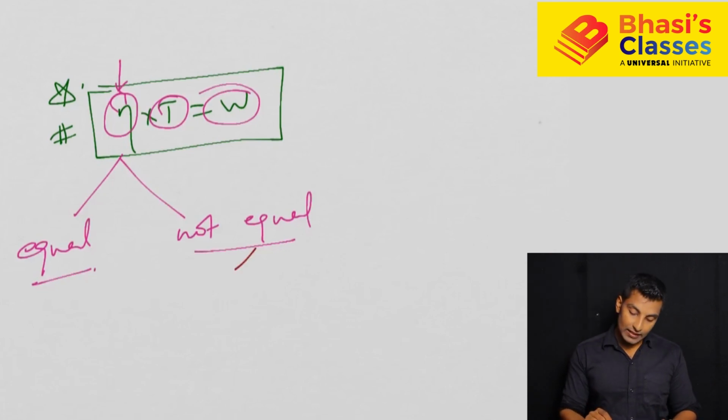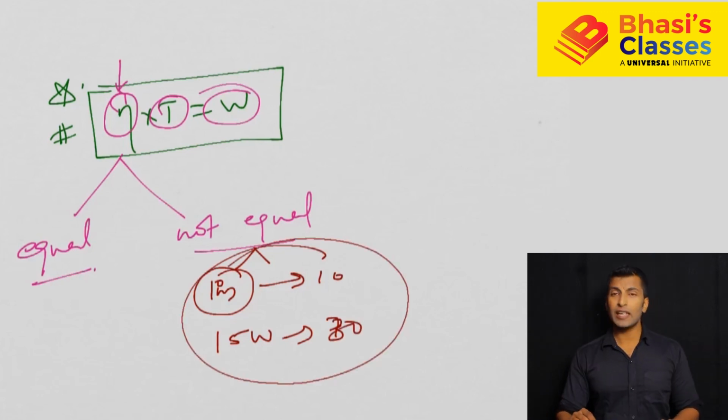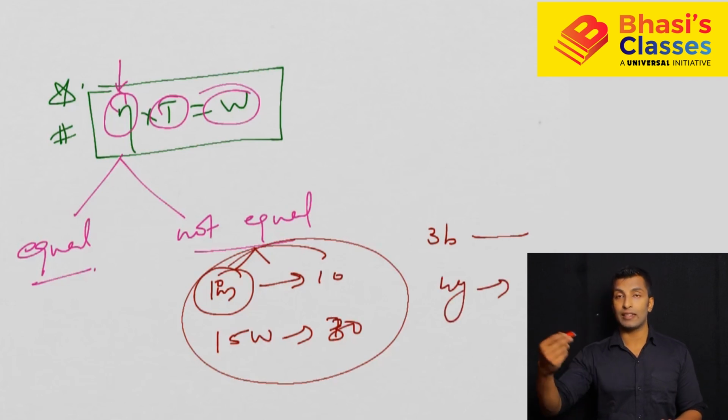Now when I say efficiencies are different, what does that mean? See, one man can complete the work in this many days. Okay, one man can finish in 10 days. Okay, and one woman, or the question will be 10 men can finish the work in 10 days. 15 women can finish the work in 30 days. Okay, or 3 boys can finish the work in this many days. 4 girls can finish the work in this many days.